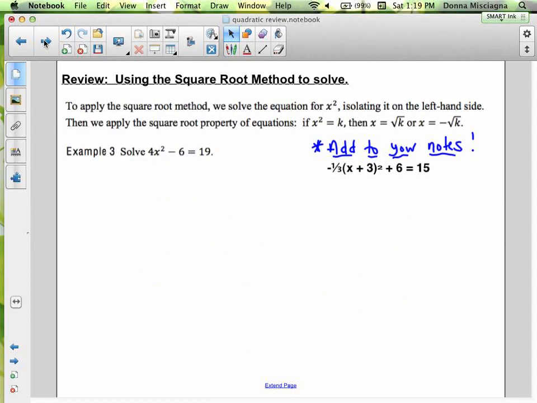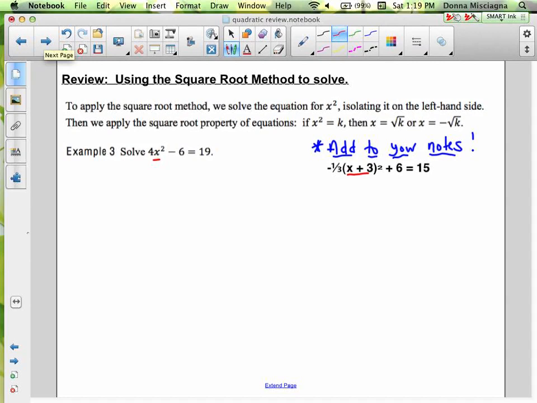All right, so let's solve the first one. If we're using the square root property, we want to isolate the x squared. Don't take any square roots until you get the x squared all by itself, or the something squared in the case of the problem on the right. In this case, it's the x that's being squared. In this case, it's the x plus 3 being squared.